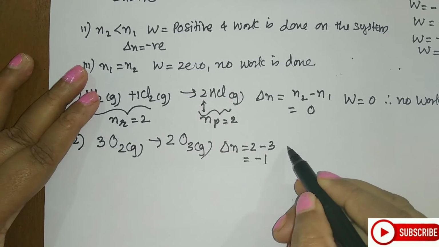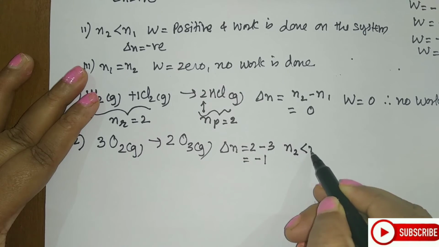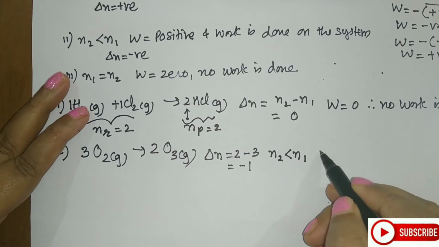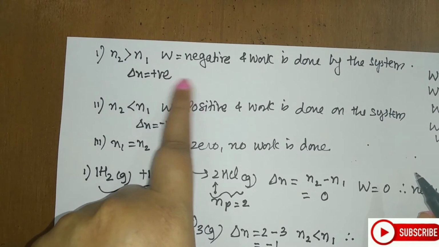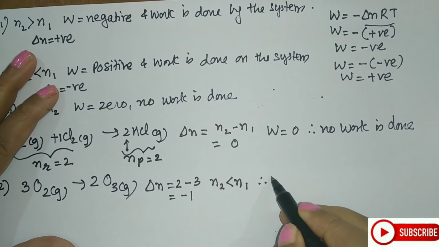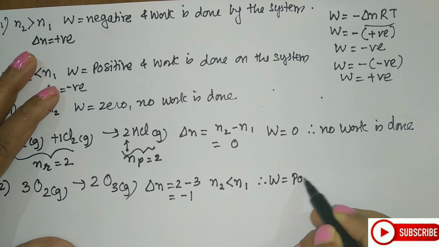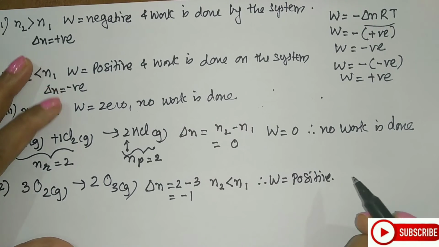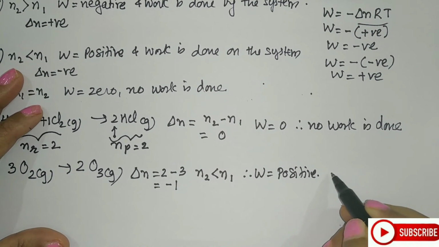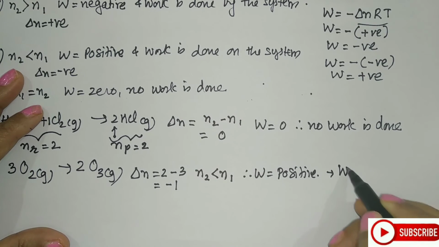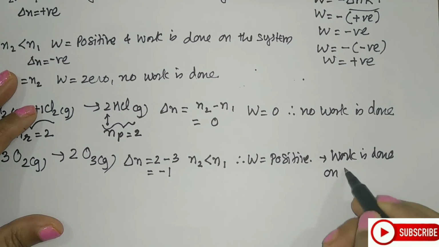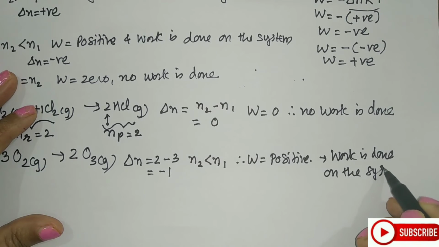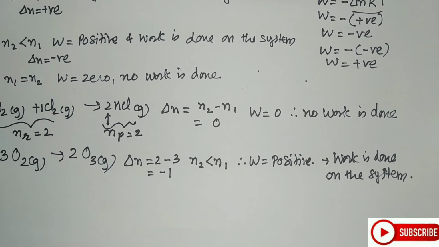As it is negative, N2 is less than N1 and therefore the work here will be positive. So the work is positive and therefore work is done on the system. So this is how you have to predict.